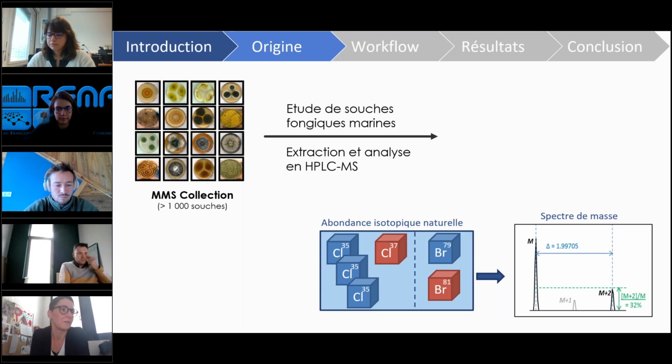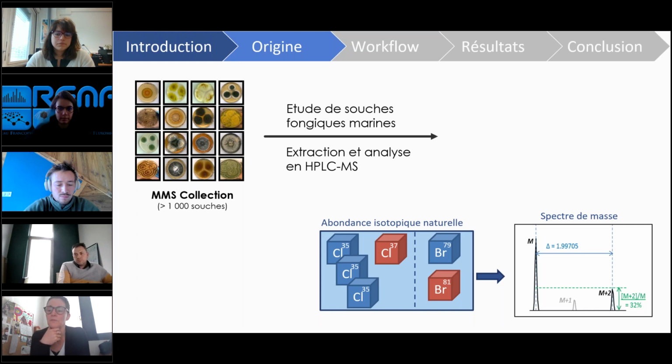For example, chlorine 37 represents around one third of chlorine 35, and for bromine you have almost half of each of the two isotopes, 79 and 81. This natural abundance gave us a very specific pattern in mass spectrometry, especially the M+2, which is clearly increased compared to a non-halogenated compound.